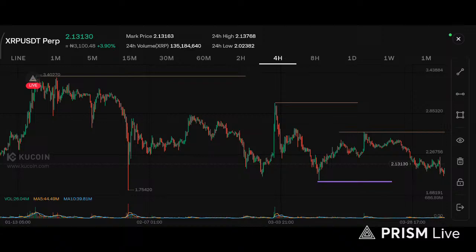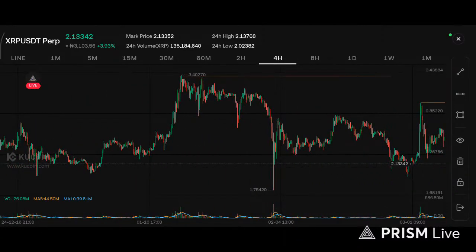What I mean by external liquidity, right? External liquidity is where the market is sitting. External liquidity is where the market is sitting externally, out of the chart.